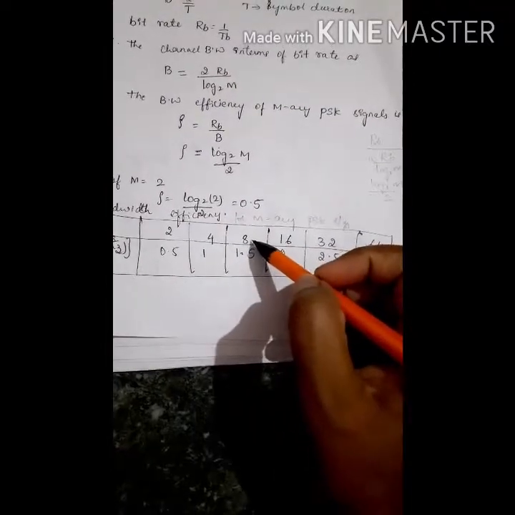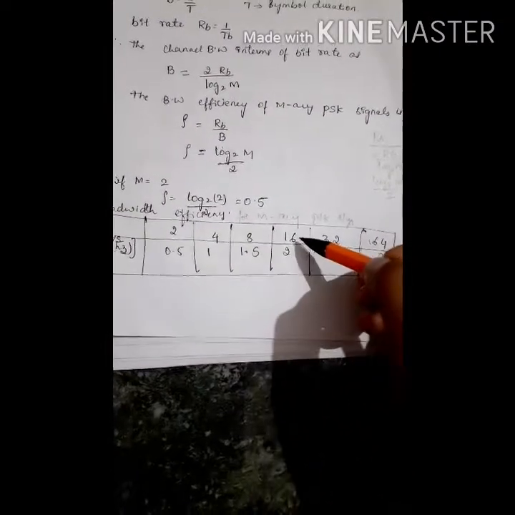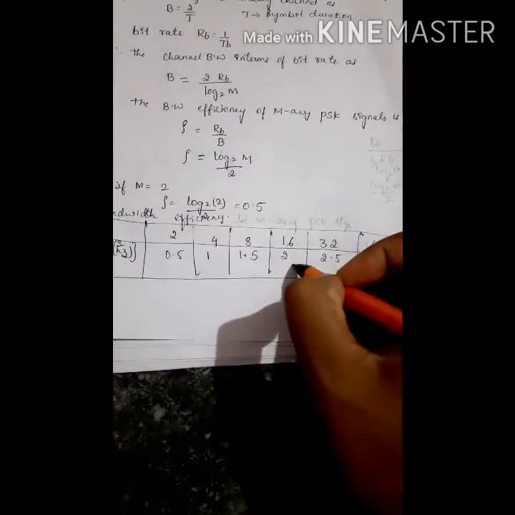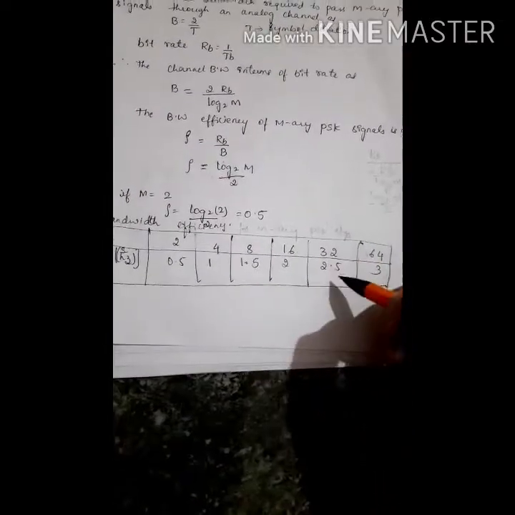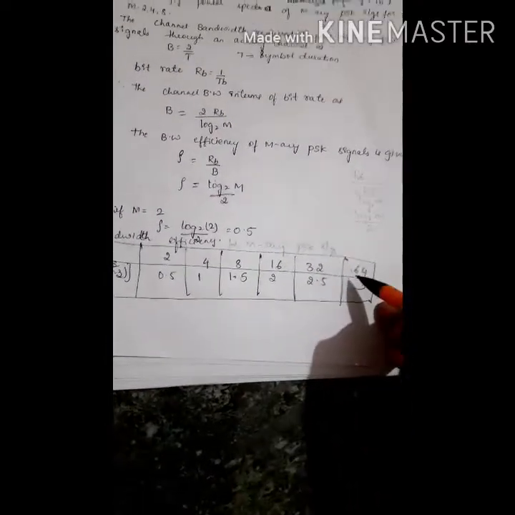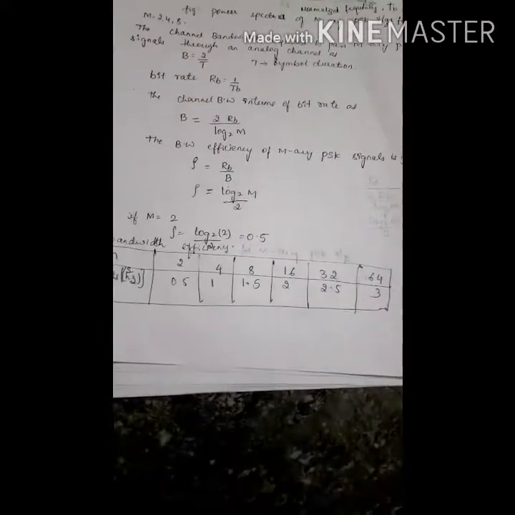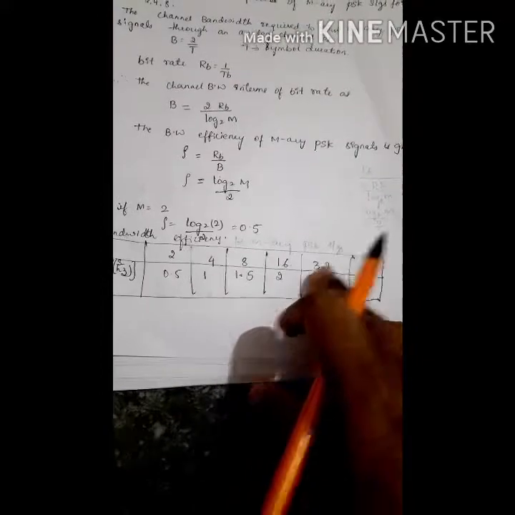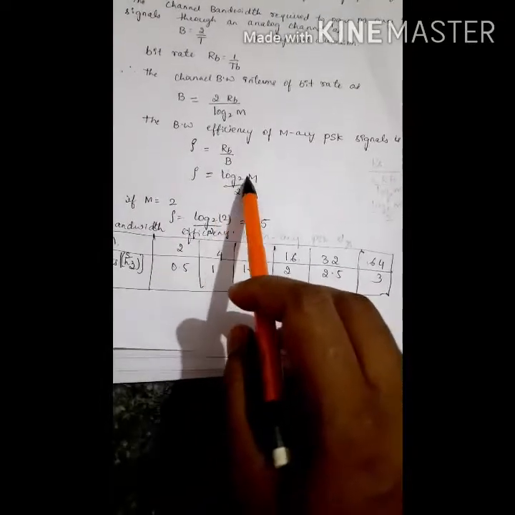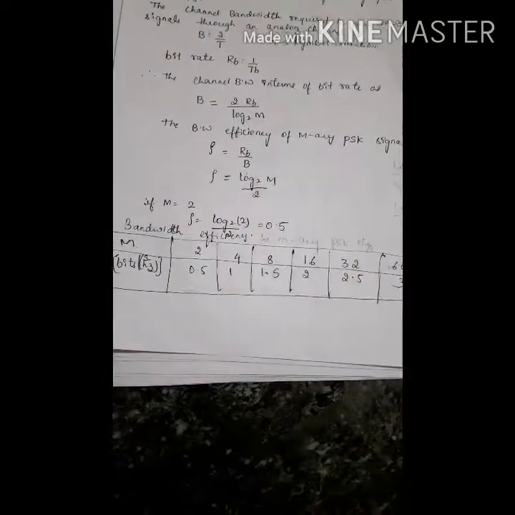For m equals 8 we will get 1.5. For m equals 16 we will get 2. For m equals 32 we get 2.5. For m equals 64 we will get 3. This is the table of the bandwidth efficiency of the MRI PSK, calculated using the log base 2 m by 2 formula.